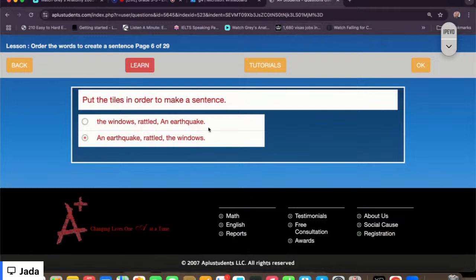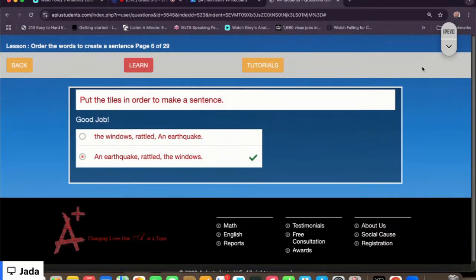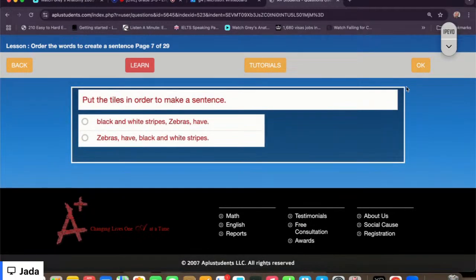So: an earthquake rattled the windows. Okay, so we have "black and white striped zebras have."